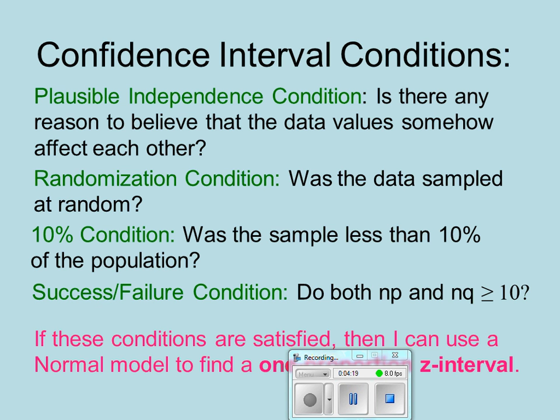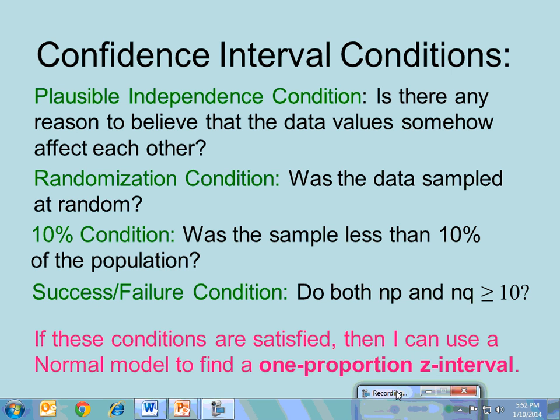The randomization condition: was the data sampled at random? The 10% condition: is the sample less than 10% of the population? And the success/failure condition: are both np and nq greater than or equal to 10? If these conditions are satisfied, then I may use a normal model to find what is called a one proportion z-interval.